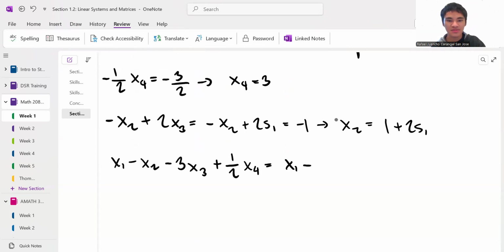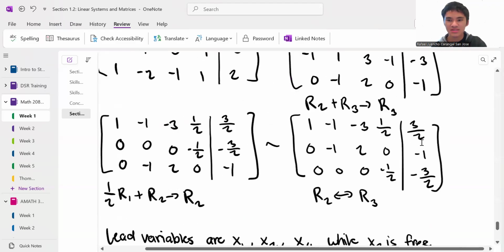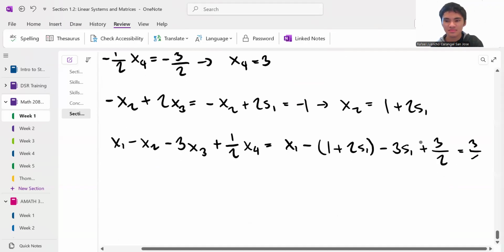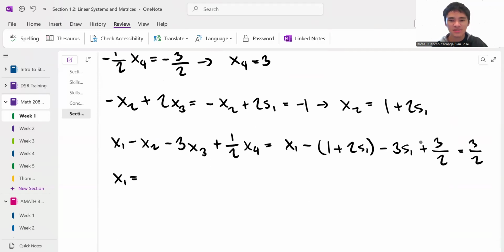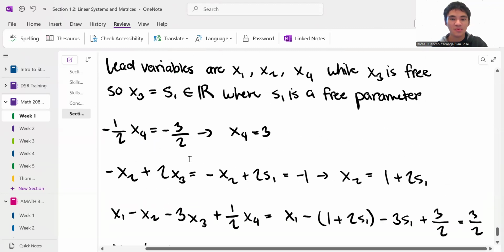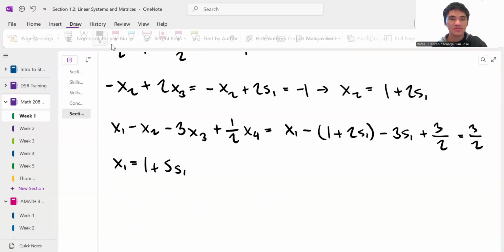And to substitute everything, minus x sub 2. So the value of x sub 2 minus 3 s sub 1, value of x sub 3 plus 3 halves. And we say this is half. Oh, means these things are 0. And so from there we say x sub 1 is 1 plus 5 s sub 1. So those are our solutions.